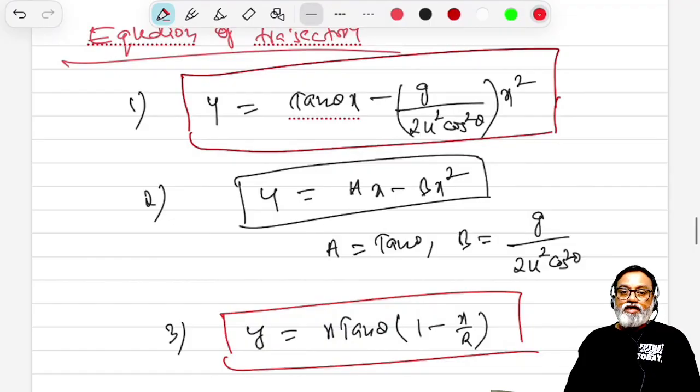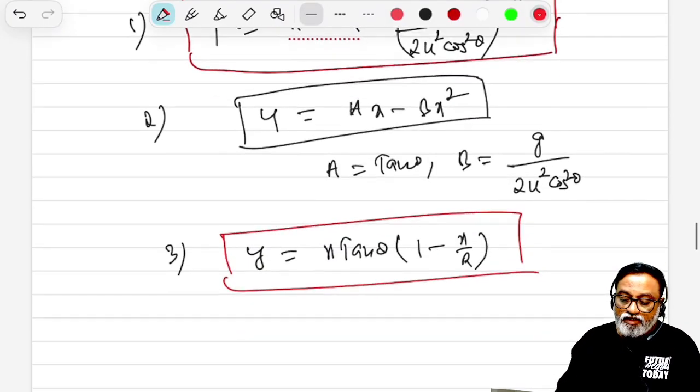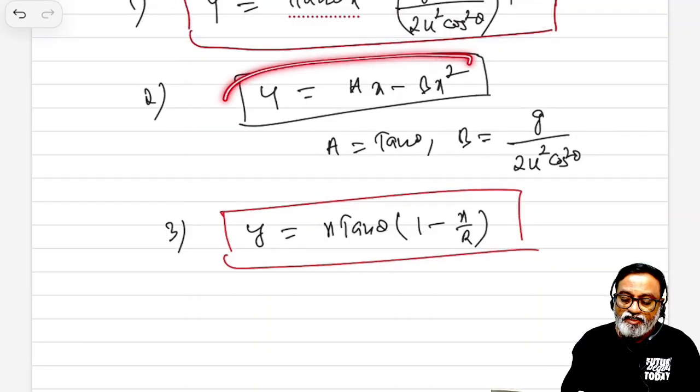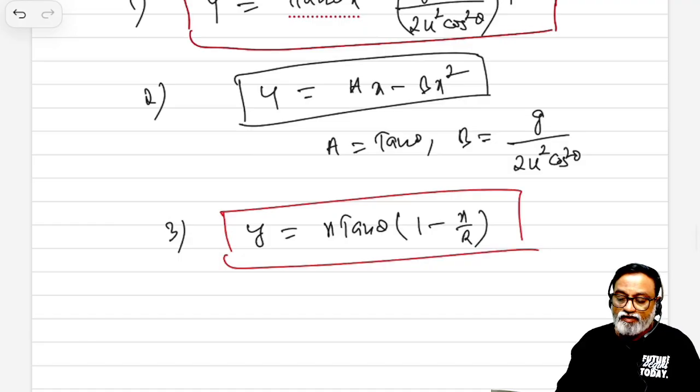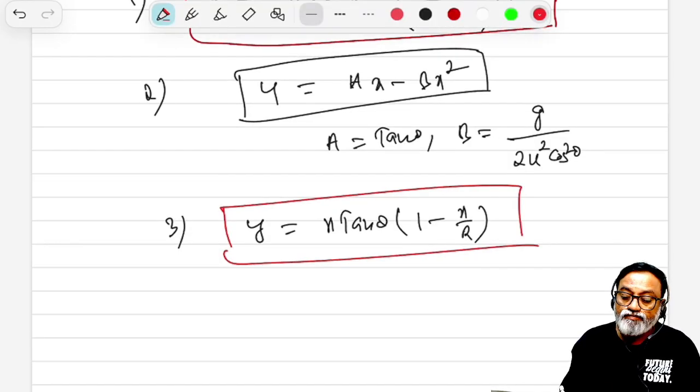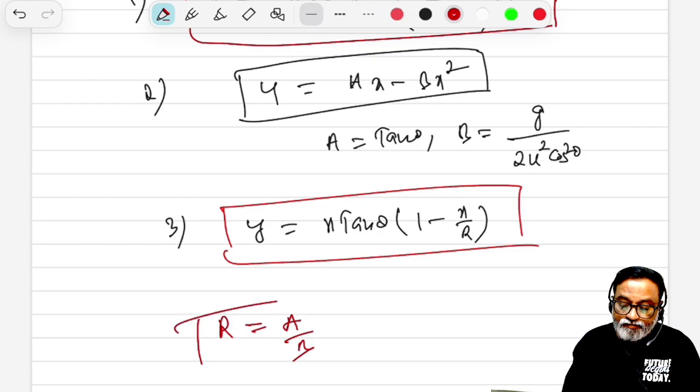So very important. In most of the problems, we can use these equations. See, for example, if any equation of trajectory is given like this, y is equal to ax minus bx square, from that we can directly find out the range. See here, range R is equal to a by b.